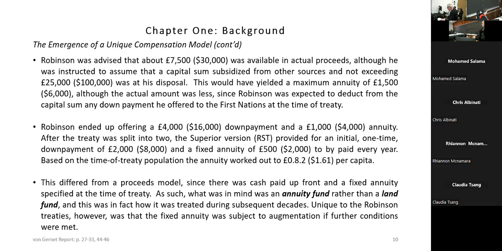But we must not neglect the distinction. There's a crucial distinction between the ones that ended up in the annuity fund system and the ones that end up in the land fund system. And that distinction is quite clear. It's based on the fact that one has annuities and the other one has promised proceeds.